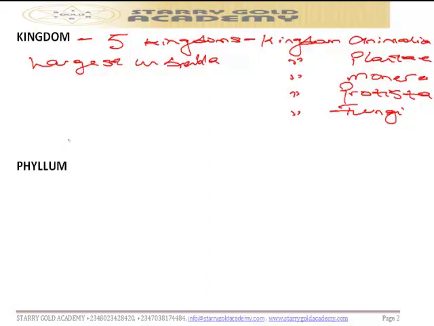So now let's go to the phylum. The phylum is the next phase of classification after the kingdom. Each of these kingdoms has its own phylums.